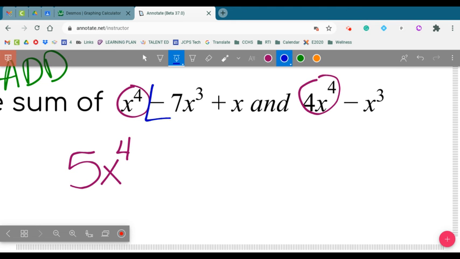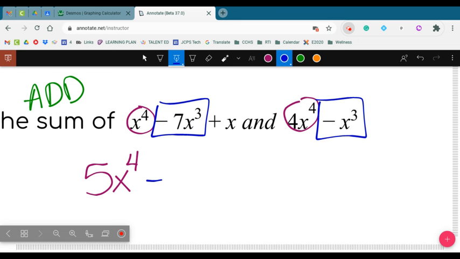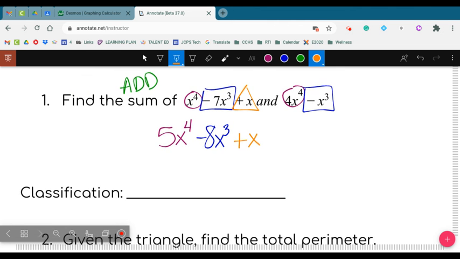Then we have negative 7x cubed and negative x cubed. And so negative 7 and negative 1 is going to give you negative 8x cubed. And then lastly, you have your x, which there's nothing that can combine with, so we're just going to tack it on the end. So that's all we have to do.